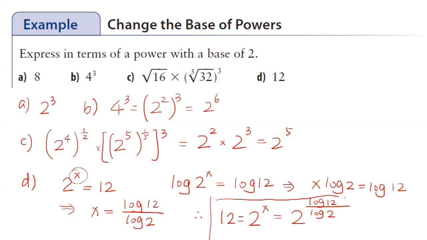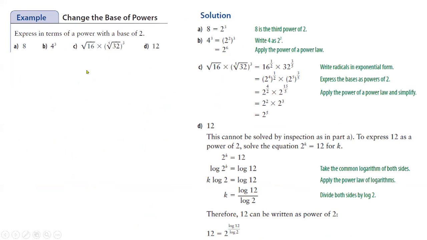So in this way, we have expressed number 12 in terms of a power with the base of 2, okay? All right, you can also check the solution in this lecture slides.